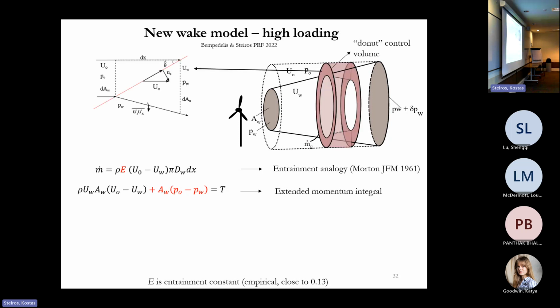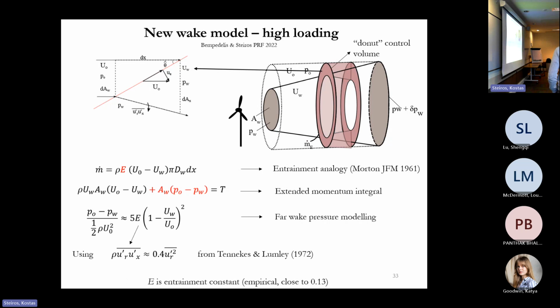The pressure here is an unknown, and to estimate it, we considered another control volume, a donut control volume, which encloses the border of the wake. And we performed mass and momentum balance in this control volume. If you do that and you take a parameterization of turbulence from classical turbulence textbooks, you end up with this closure.